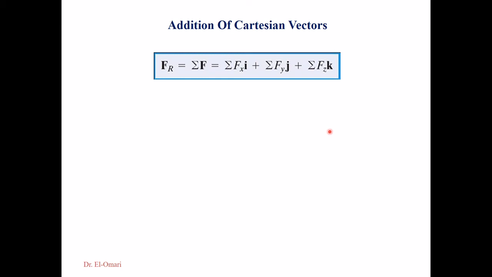So let's start with this numerical example. This example is given by two forces. One force is given by its magnitude and direction angles alpha, beta, and gamma. Notice here that alpha is 120, which means that it is in the quadrant where the x component has to be negative, and beta is 45, gamma is given as 60.